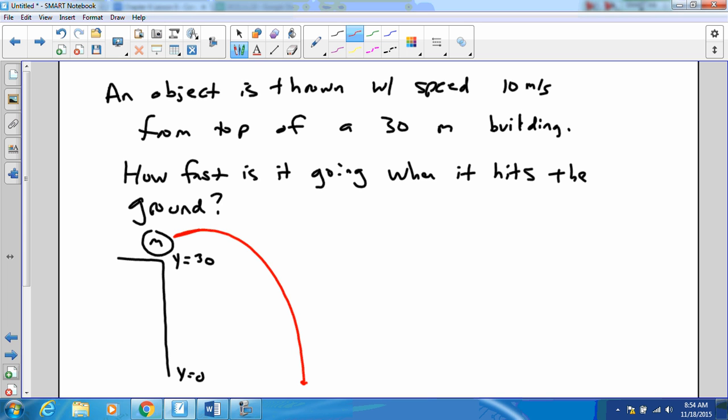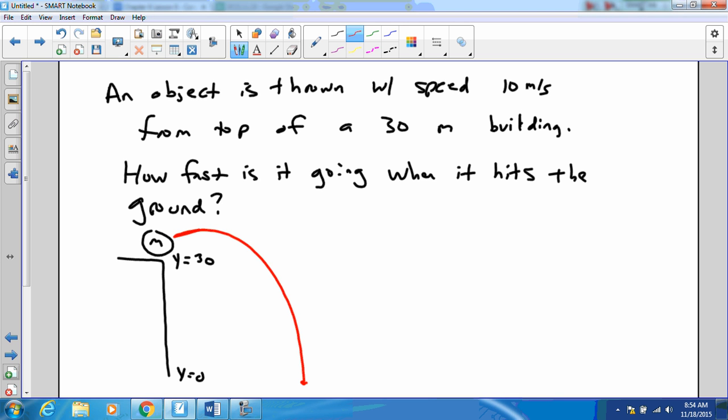Because work done by gravity is path independent, it doesn't matter which direction I throw it. The answer will be the same for every possible initial direction. Whether I throw it straight down off the building, or straight up, or upwards, or whatever, the speed will be the same no matter what. Because work done by gravity is path independent. How cool is that?